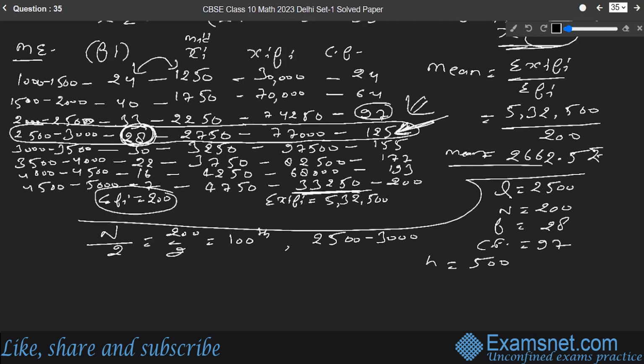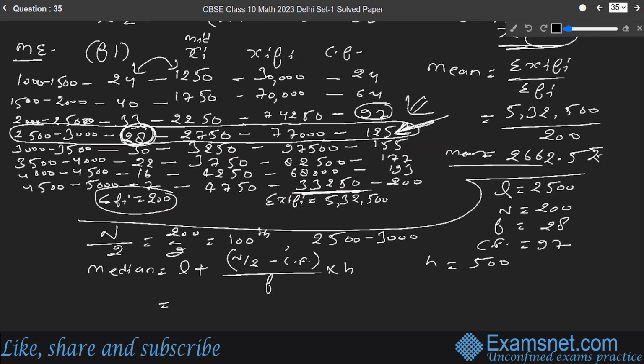Let us use all these values in the formula for the median. The median is equal to L plus N by 2 minus the cumulative frequency of the preceding class, divided by the frequency of the median class, into the class width.